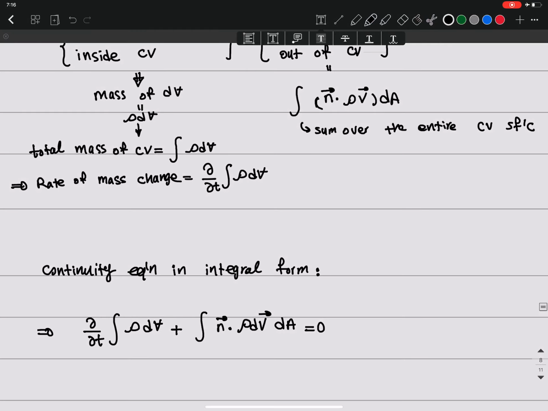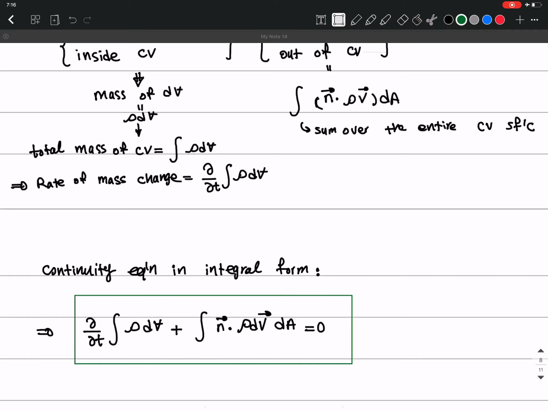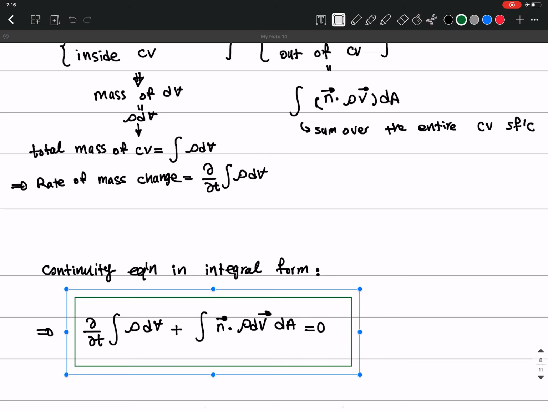Okay. So this is an important equation that you need to know, and this is the continuity equation in integral form.